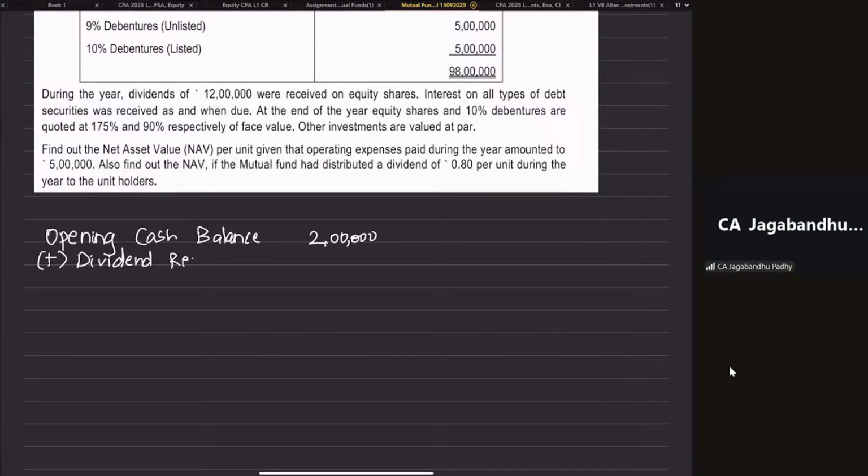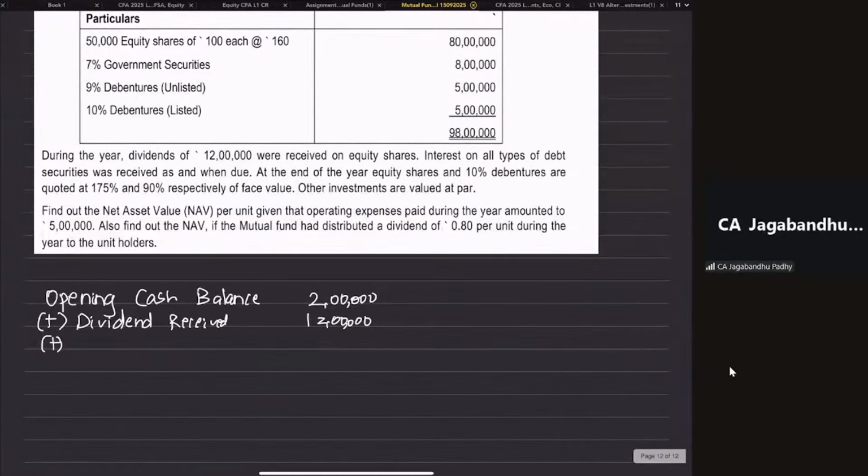So how much dividend are we going to receive? Dividend is 12 lakh, which is received by us. Interest on all types of debt securities was received as and when due. So I need to add interest on government securities and interest on debentures of both listed and unlisted categories.